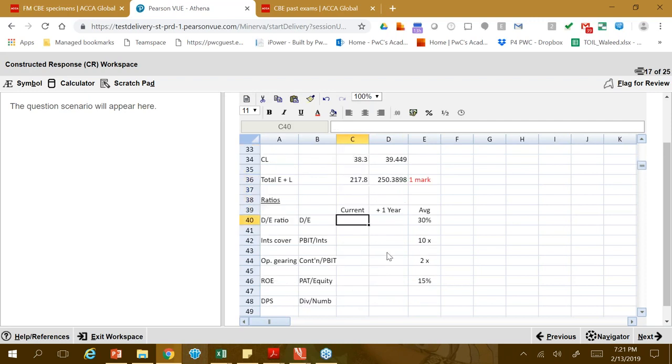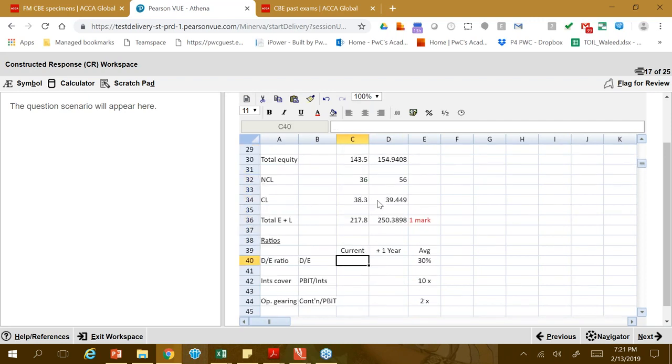So focus on this data now. First of all, debt to equity. So what is debt? Debt is here in the C32 over equity, which is the C30. That's easy. C32 over C30, debt divided by equity. That gives me a gearing ratio, and in percentage terms, it comes out to be 25.09.